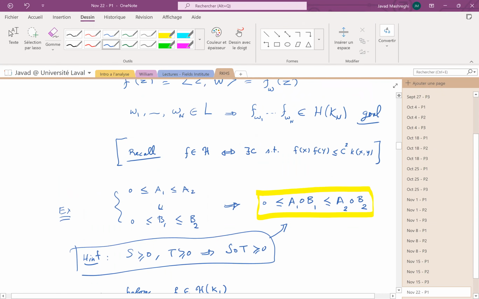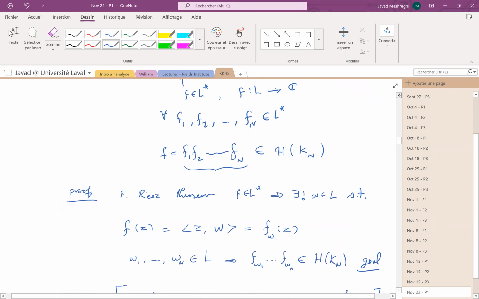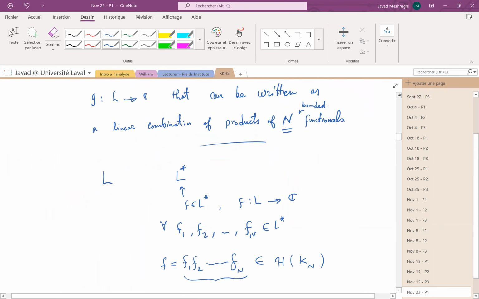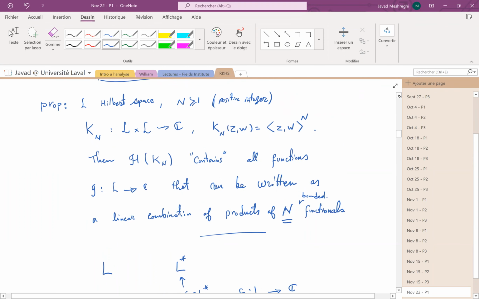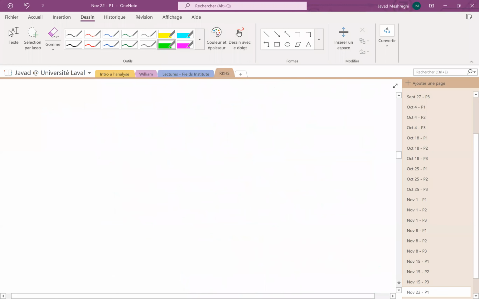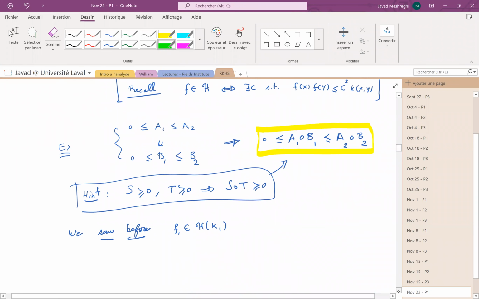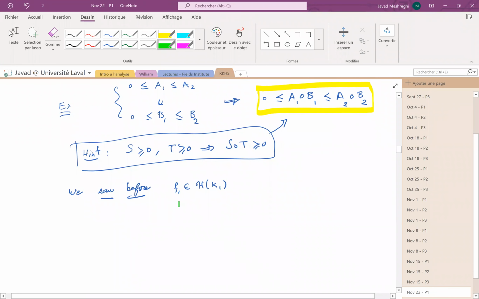Here, when we go back, it's a very special case, but important, when we studied before: N equal to 1, just K(Z, W) is the inner product of Z and W. We saw that this is positive, and also each functional is there. So we saw this before, and the same for F2, the same for Fn is in H of K_1, and so it's time to use our theorem.